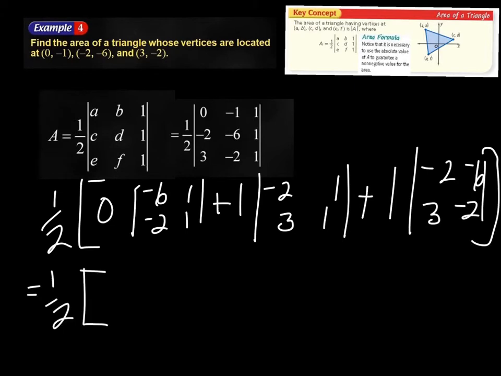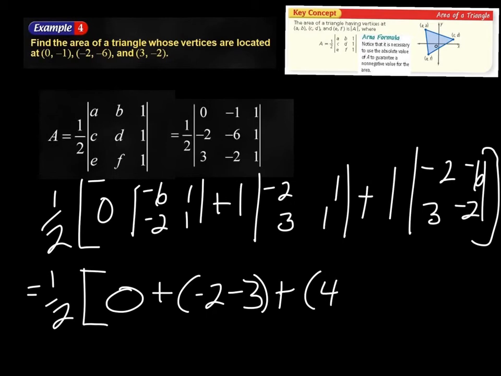There's not much practical reason to evaluate that first determinant because 0 times anything is 0. 1 times anything is itself, so all I need is negative 2 times 1 is negative 2, minus 3 times 1 is 3, plus 1 times anything is itself, so negative 2 times negative 2 is 4, minus 3 times negative 6, so minus negative is a plus 18.